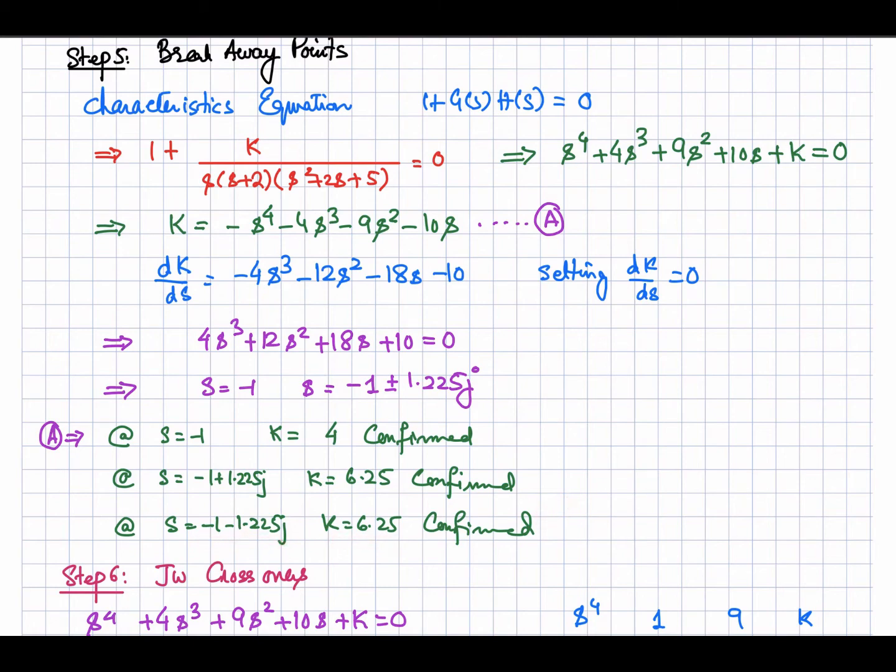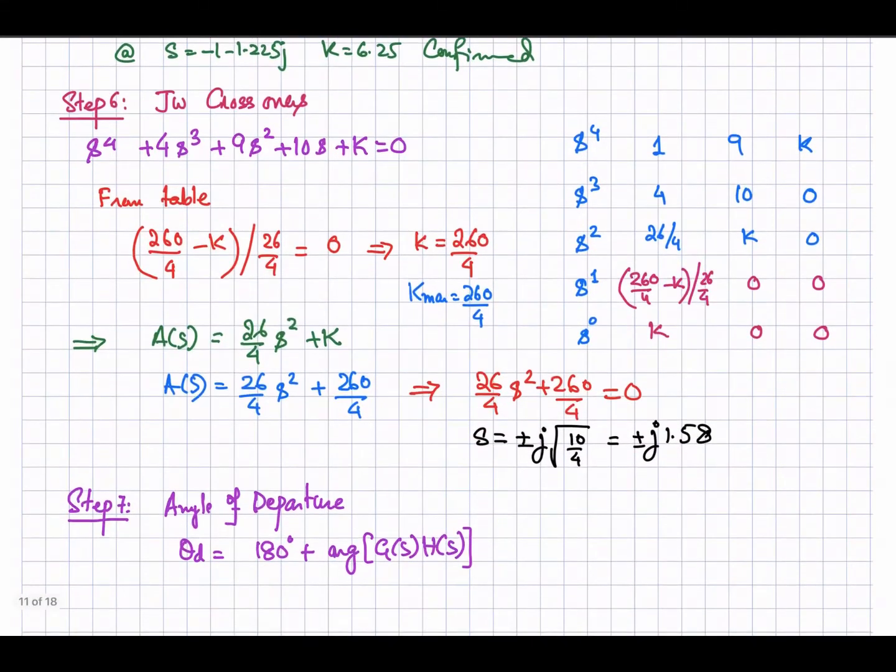Now let's look at the j omega crossovers, again using the characteristic equation. This is the characteristic equation, and first of all let's develop the Routh table. So 1, 9 and k, then 4, 10 and 0, and then developing this row: 4 into 9 minus 10 divided by 4, so you will get this.